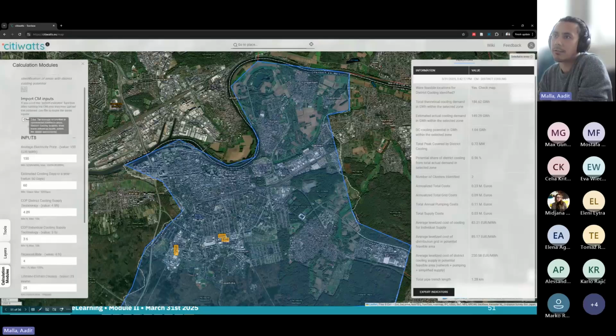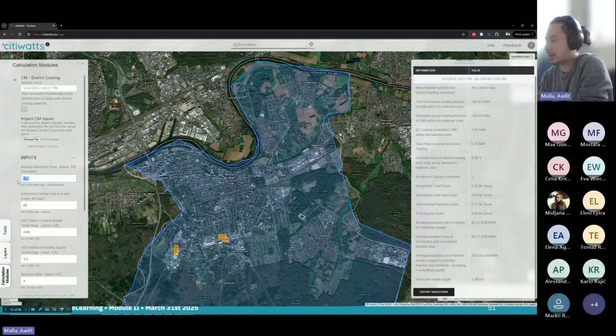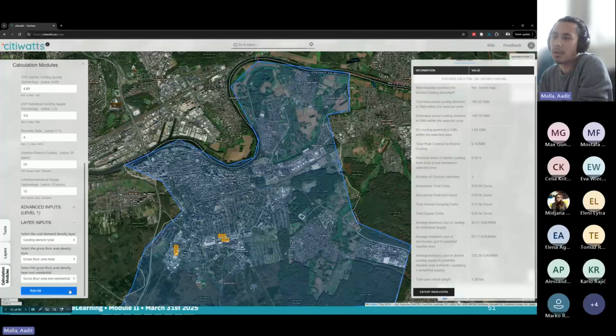So now, for instance, if I change this to really high electricity prices, meaning that the cost of operation of individual systems would be much, much higher, and I run the calculation module, I would assume most likely the identified locations would improve greatly. Let's give it some time.